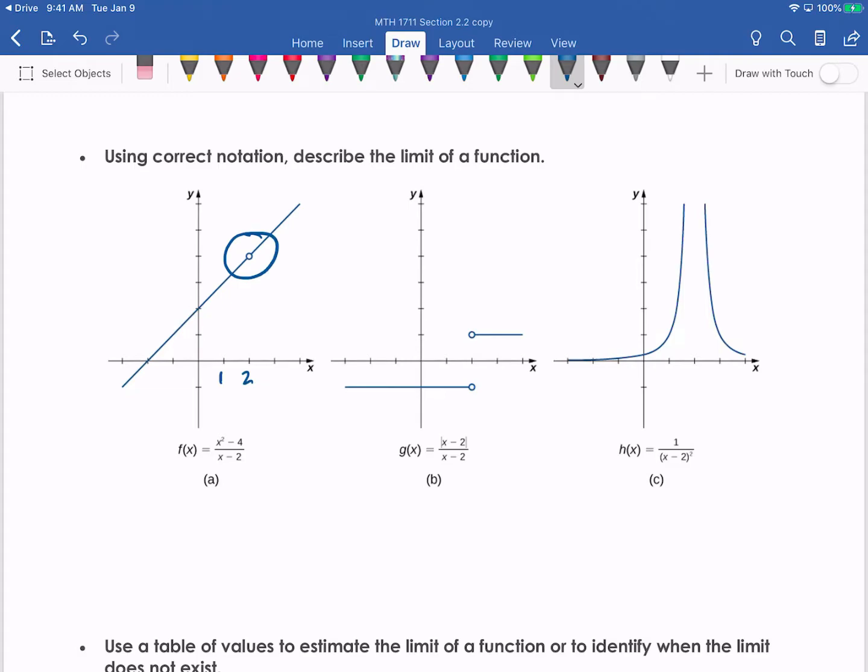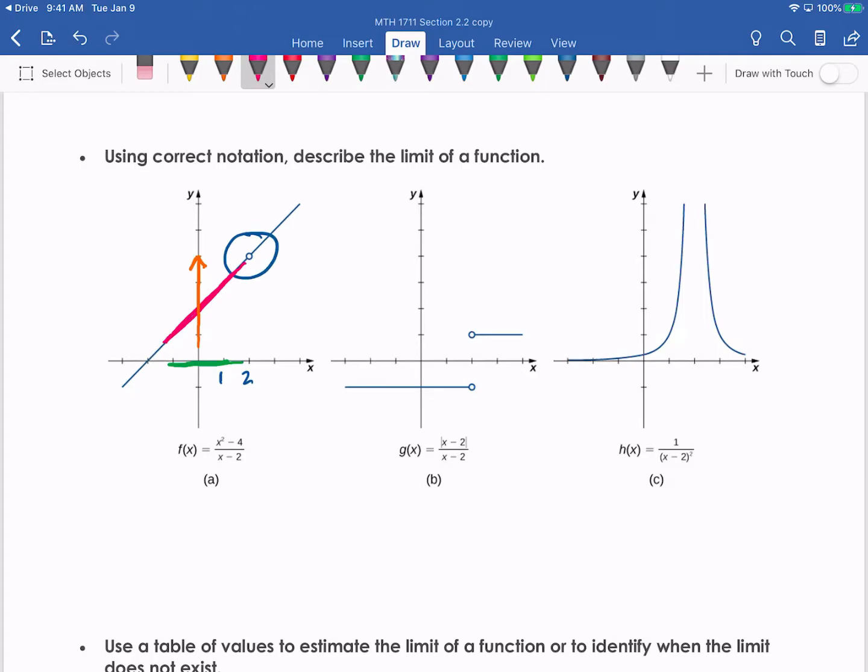So now, getting more detailed, if I were to trace this graph left to right, as x gets closer and closer to 2, what's the y getting closer and closer to? As I move along this line, tracing it, I'm getting closer and closer to the y value of 4.